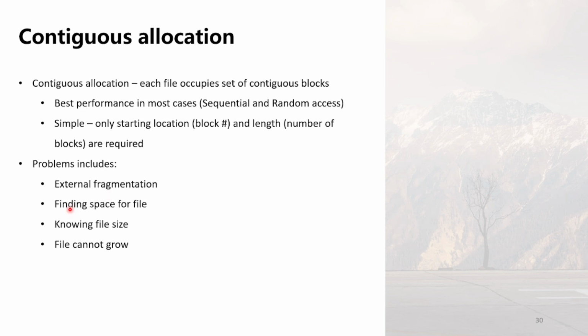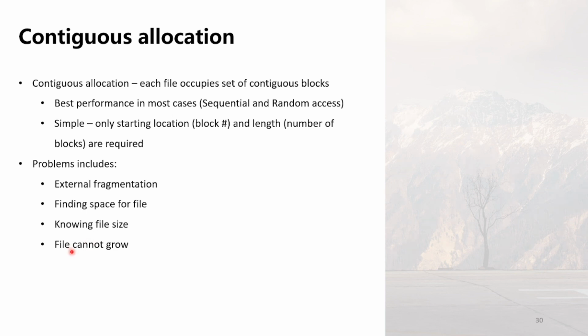Even if there is enough space, the discontinuity makes it increasingly difficult to find a sufficiently large contiguous space to store files. Additionally, if the exact size of the file is unknown, the system cannot determine how much contiguous space to reserve. Allocating too much or too little space can affect the performance of our file system.